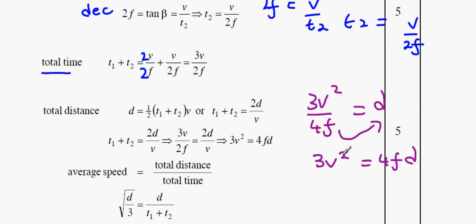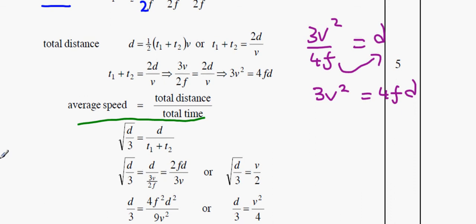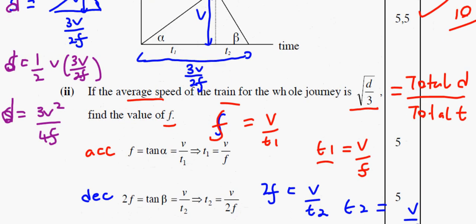Now, the last section, we're going to equate total distance: average speed equals total distance over total time. So the square root of d over 3 equals total distance over total time. Now, the total distance is d. The total time, as discussed before, is 3v over 2f.